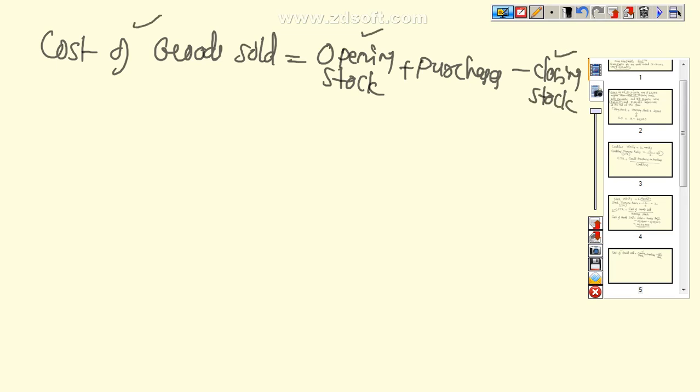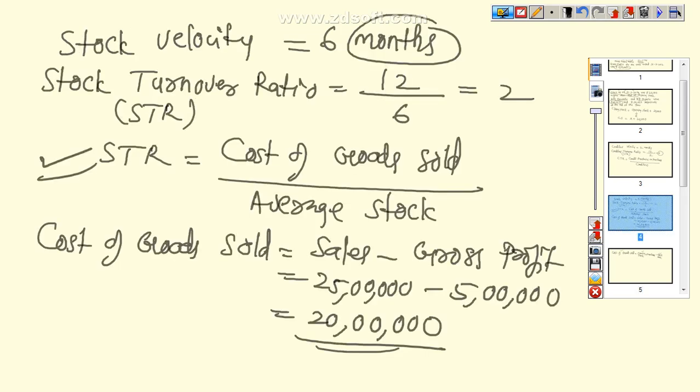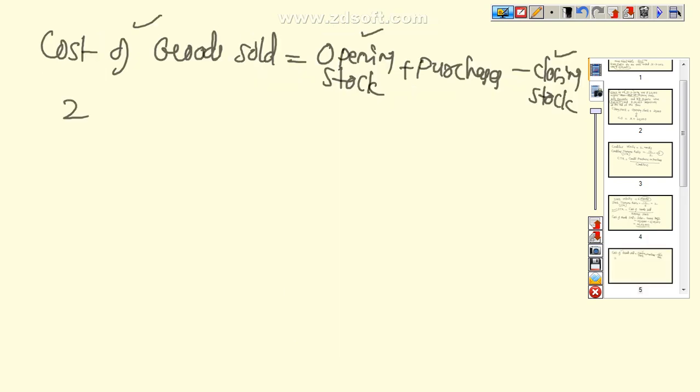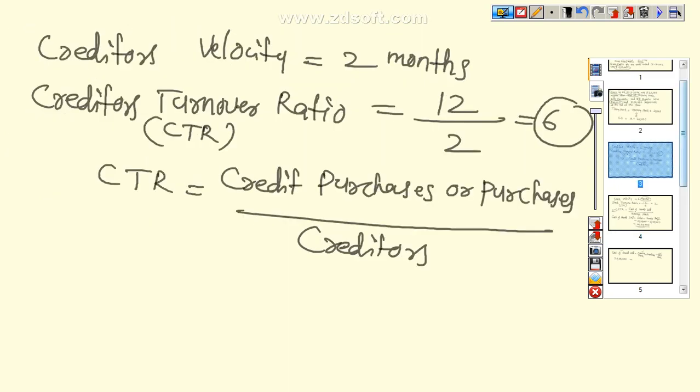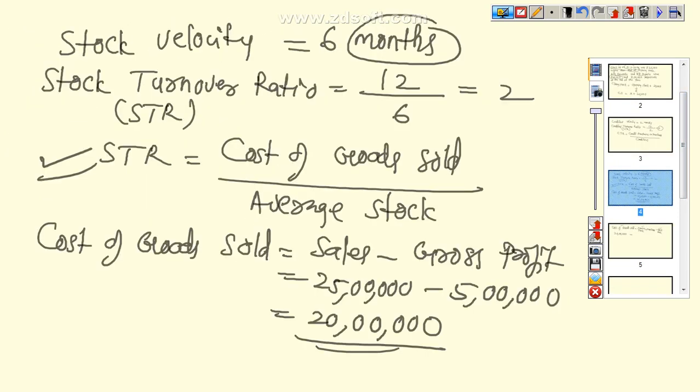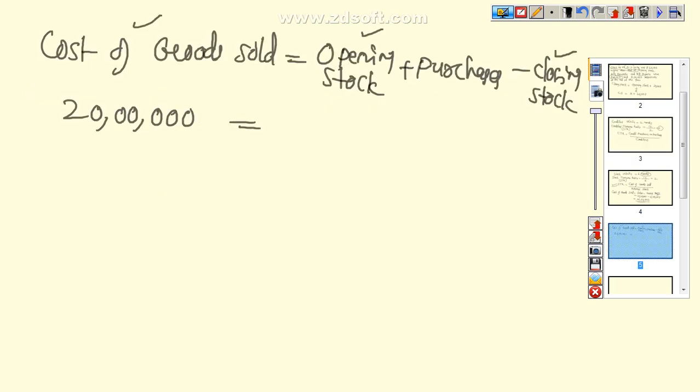So cost of goods sold is equal to 20 lakh, is equal to opening stock 9,90,000 plus purchases, which we don't know, minus closing stock 10,10,000.